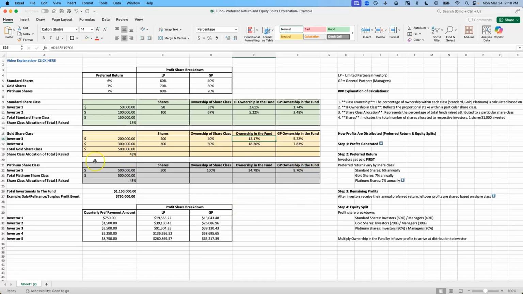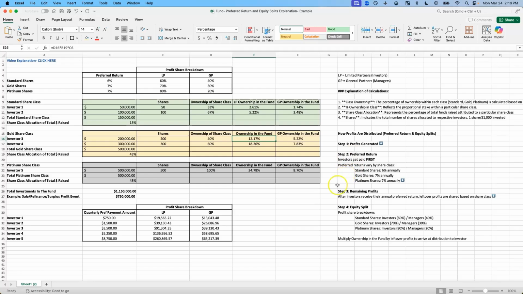Now, we pay quarterly preferred return upon distributable cash flow. Quarterly return you can see on the left here for investors 1 through 5 and that breakdown. This is paid first. So preferred return is paid first before general partners take any money from the fund.